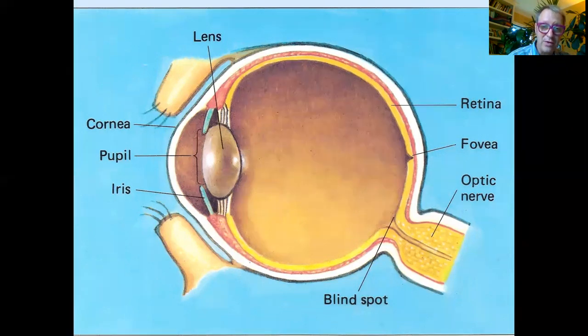So the iris, the muscle, will control the size of the pupil. It can basically make the pupil smaller or make it bigger, depending on how much light is in the room. If there's a lot of light, obviously the pupil's going to get very small.